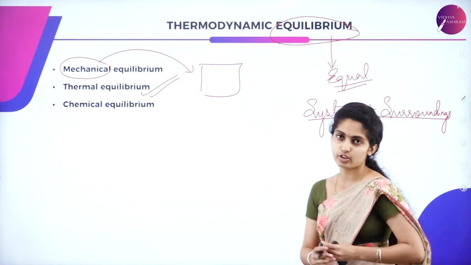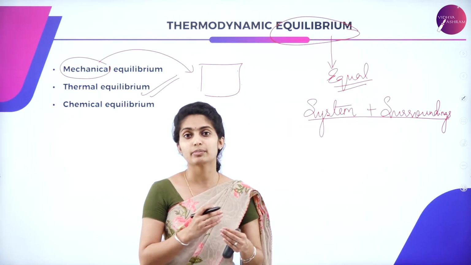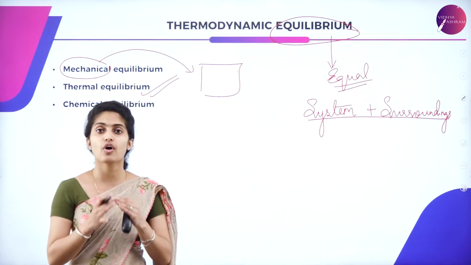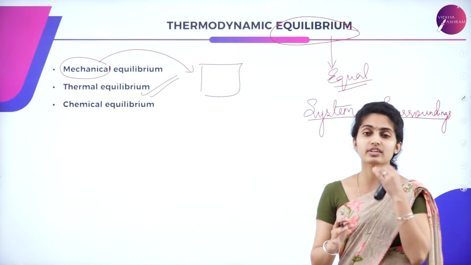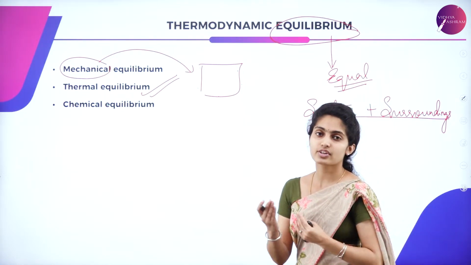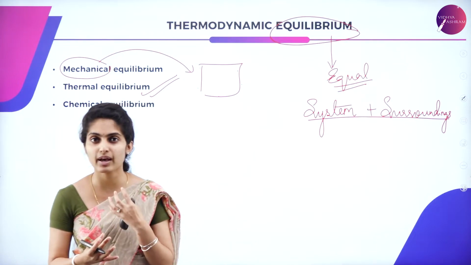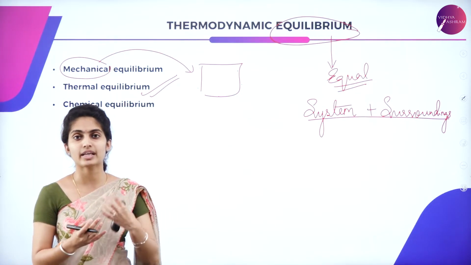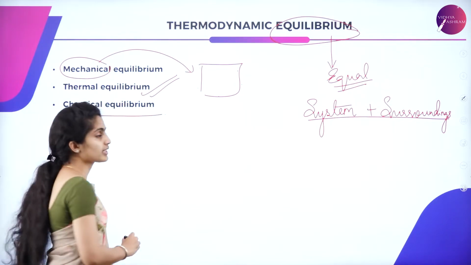It can be a chemical component. So we are talking about chemical equilibrium. Such chemical components, that is the composition of a substance, that is a system, is said to be equal with the surroundings. So it has got equilibrium. If the chemical composition present in the system has got equilibrium, then you can name it chemical equilibrium. So that is all about your third point, chemical equilibrium.